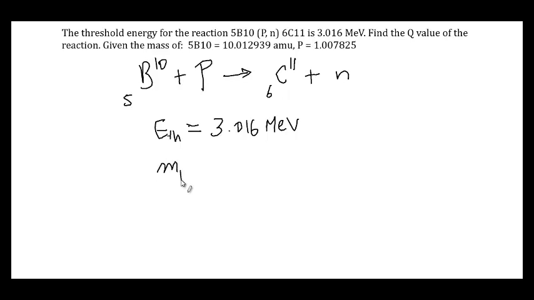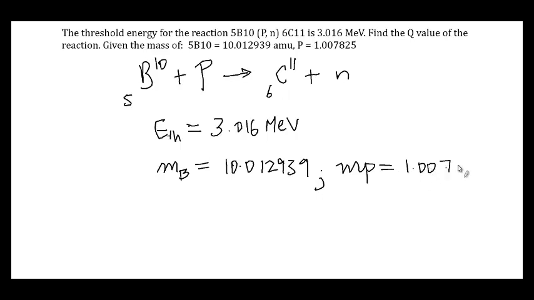The mass of B is given as 10.0129939, and the mass of the projectile, which is capital P, is given as 1.007825.